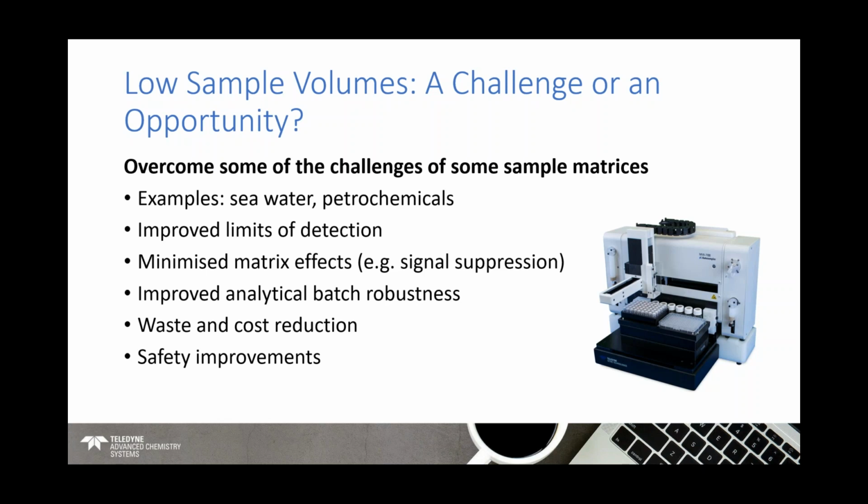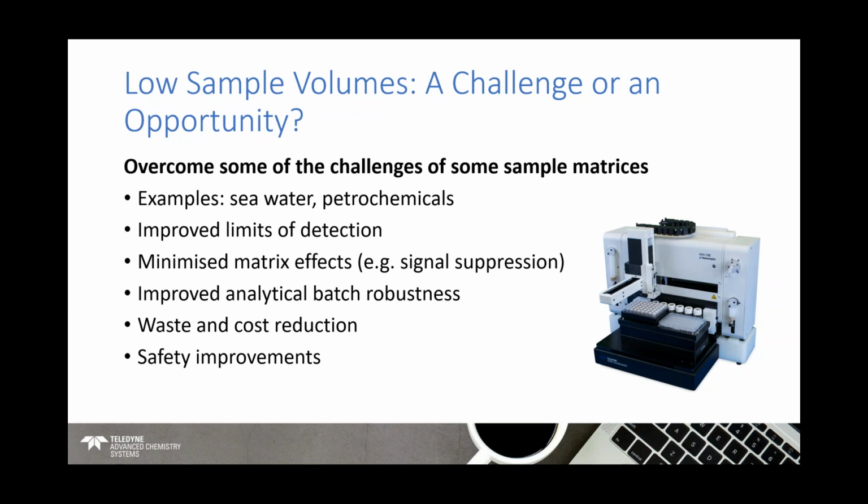ICP-MS. So what we have found through work with collaborators, through data generation, is that intentionally going to low volume and lower flow rate sample introduction has analytical benefits. For example, the one that immediately springs to mind is an improved limit of detection.